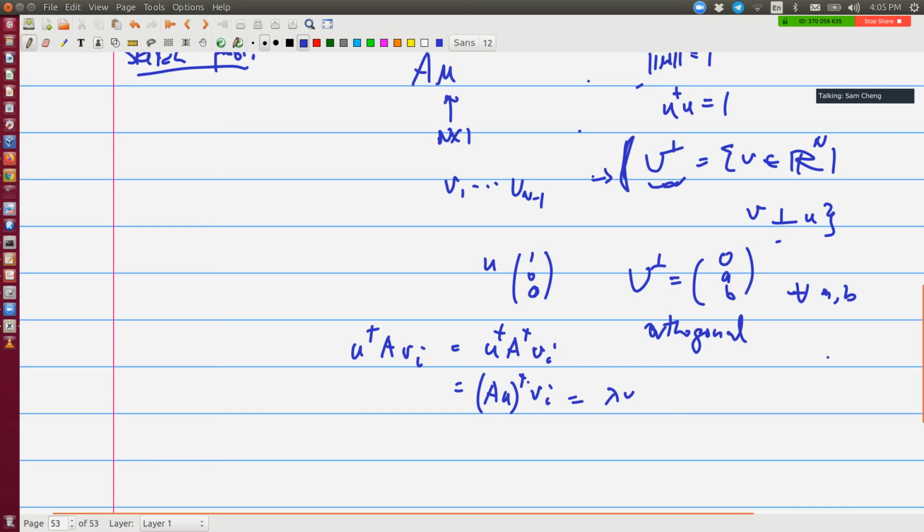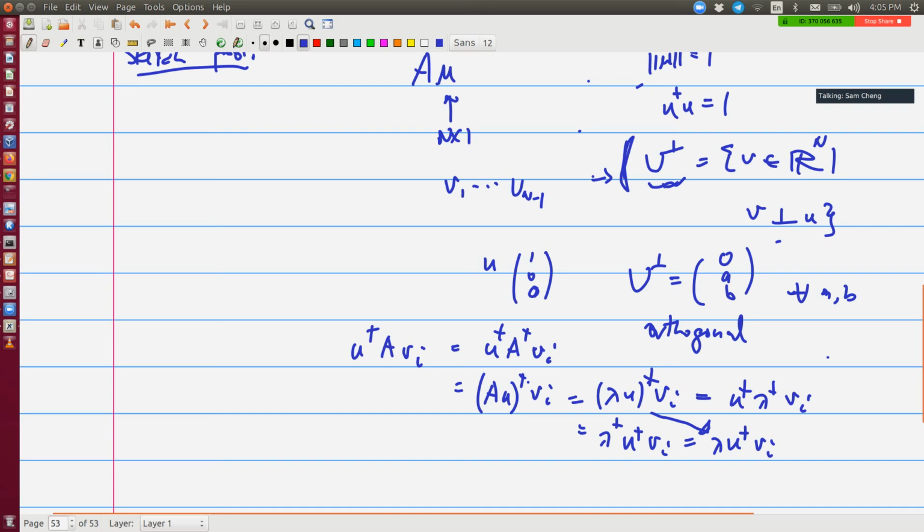This is equal to lambda U Hermitian V i. I'm jumping a little bit of steps here. Lambda is just a scalar, so I can move it out, and lambda is also real. So it's lambda times U Hermitian V i.